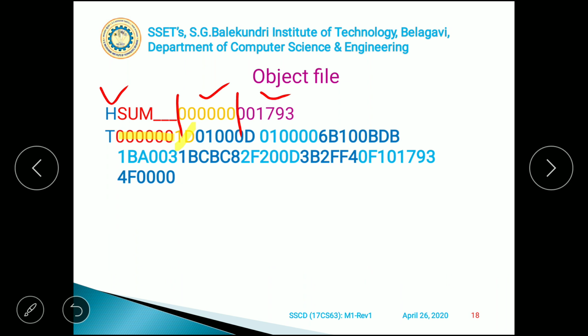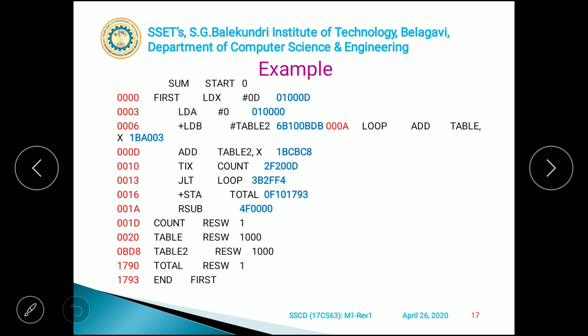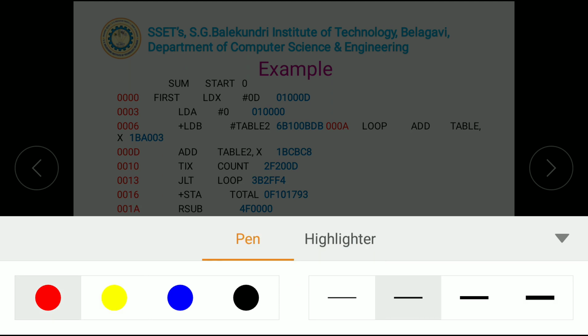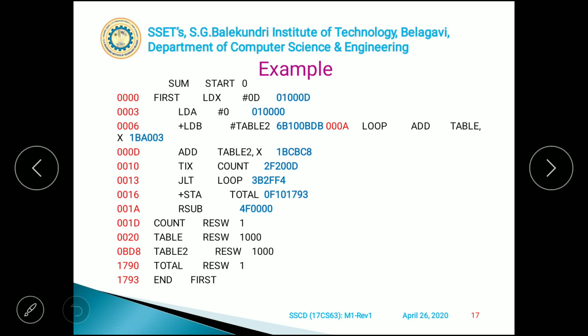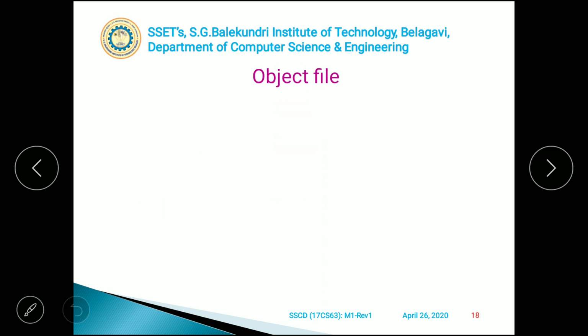And then you can see here the 3 bytes for the first instruction. If you want, you can go back and check it out here. In fact, I think it's not 00, it should be 001D. We made some changes in the beginning of our explanation. This is 1, so that's what it should be here in the object code also.